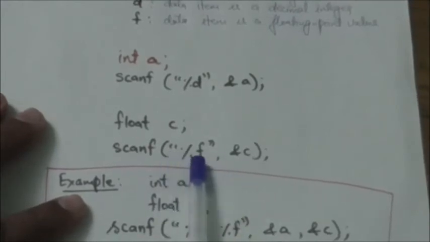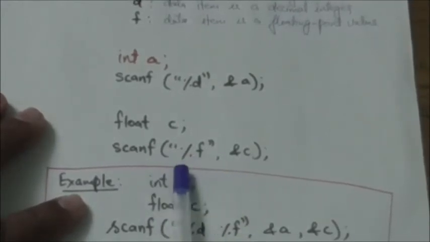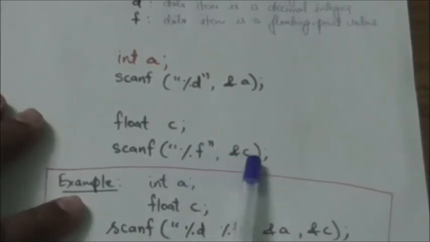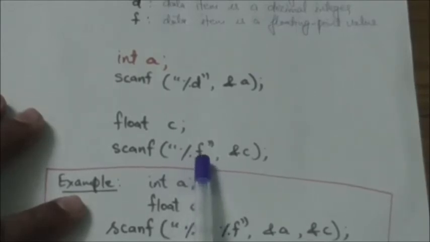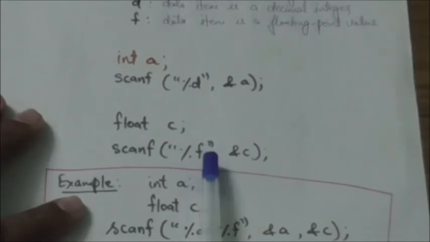And here you can see the control string in double quotes, and in this control string you can see the character group which corresponds to this argument. This character group contains a percent sign and the conversion character f. Here we have taken the conversion character f, right?